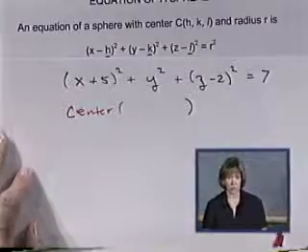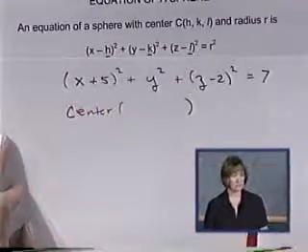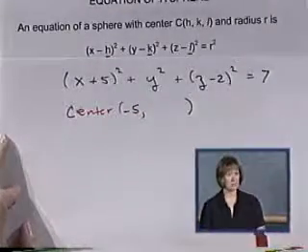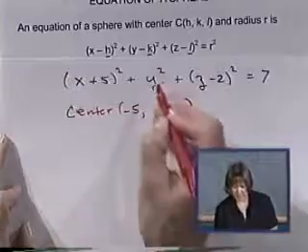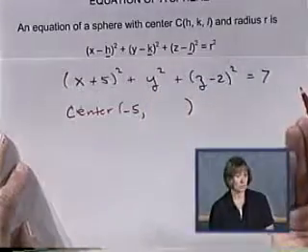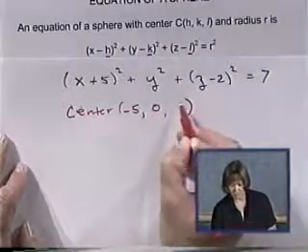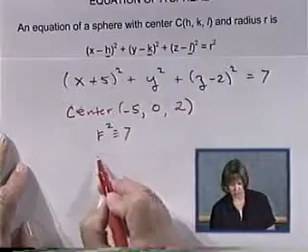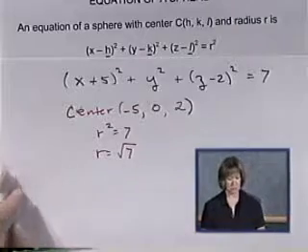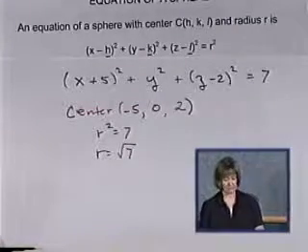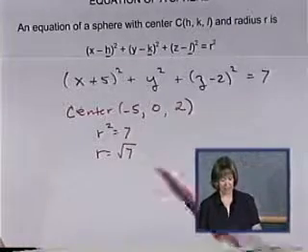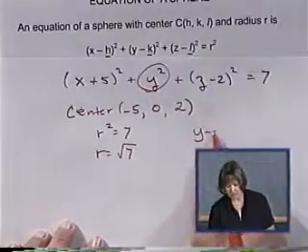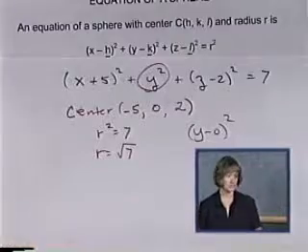So what would the x coordinate of the center be? Negative 5. What would the y coordinate be? 0, because y squared is the same as (y minus 0) squared. My z would be 2. Now notice r squared is 7, so my radius is root 7. So this particular sphere would have center (negative 5, 0, 2) and would have a radius of root 7. Everybody realize that y squared is the same as (y minus 0) squared, right? So that's how we got that to be.